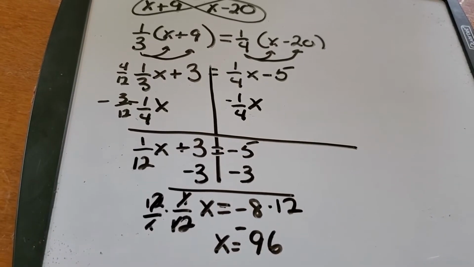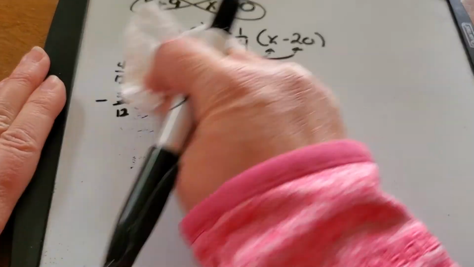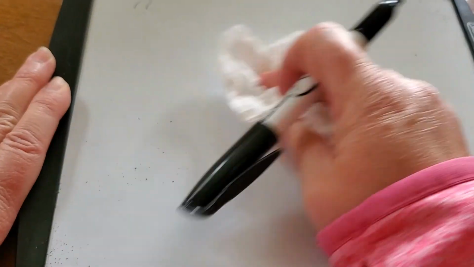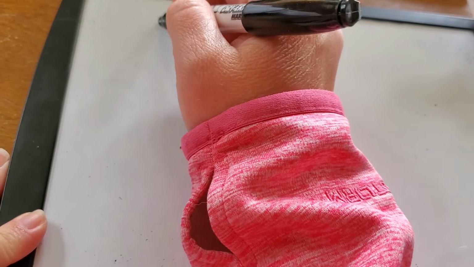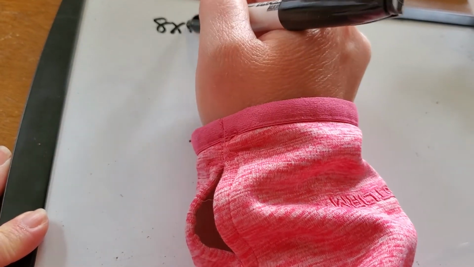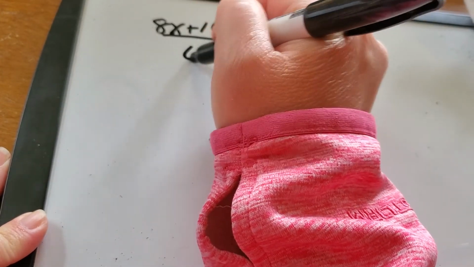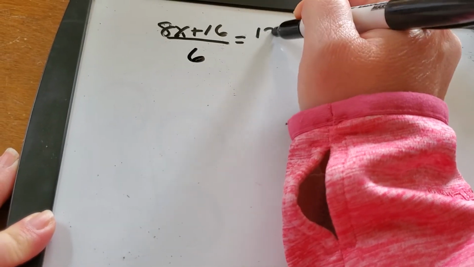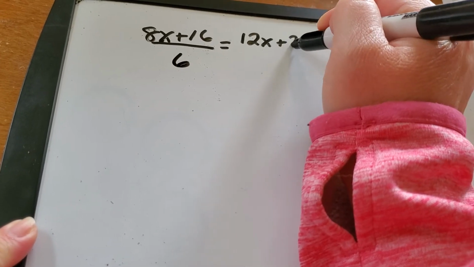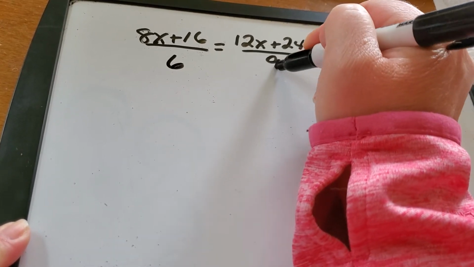Now, even if that feels easy, stay with me for the last two. I'm going to do (8x + 16)/6 = (12x + 24)/9.